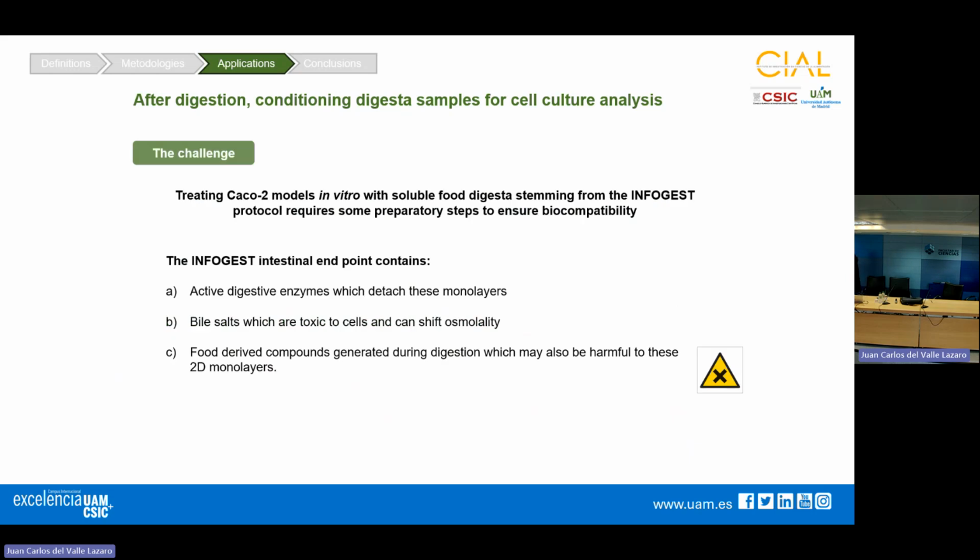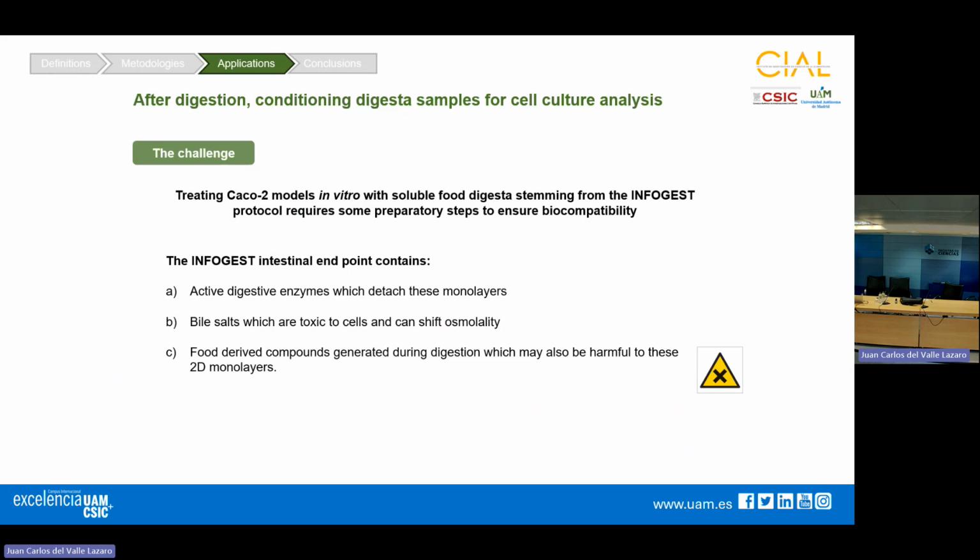Because after digestion, using the model that I explained, your digestive samples will have enzymes, will have trypsin. That is the enzyme we use routinely when we grow cells. And that enzyme is active unless we add an inhibitor. So one of the options is what we were showing you before, right?